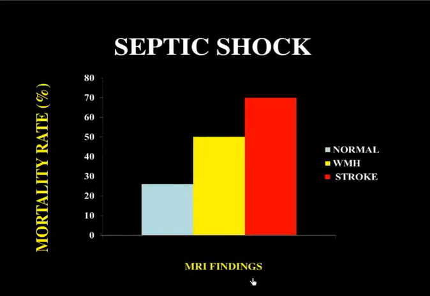What is interesting is that there is a clear relationship between the type of lesions and the mortality. When the MRI was normal, only 20% mortality. When it shows white matter lesions, 40% mortality, and when it shows stroke, up to 70% mortality.